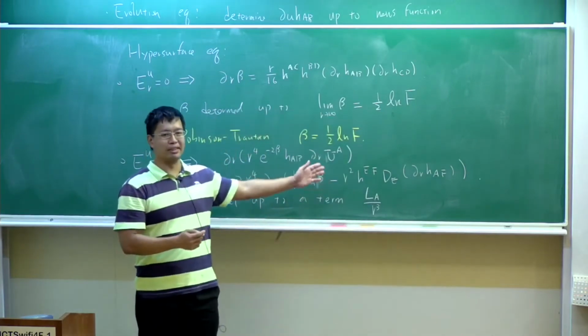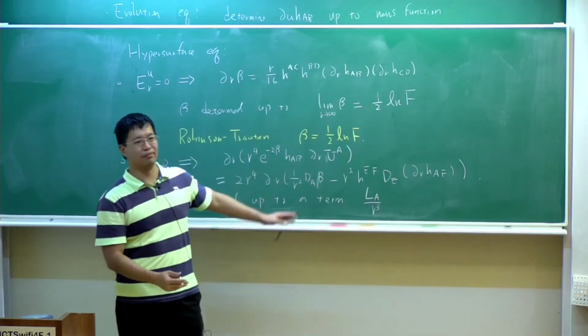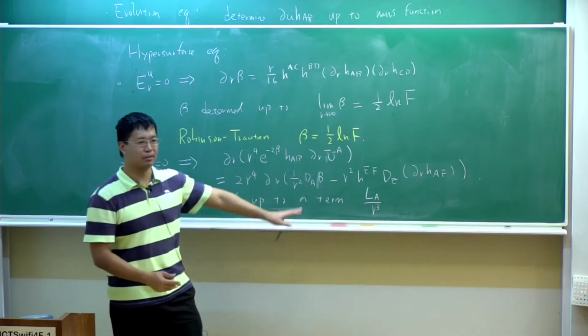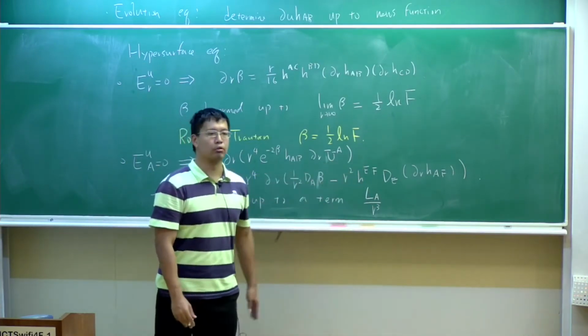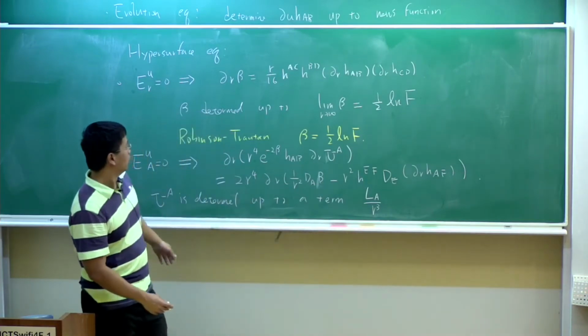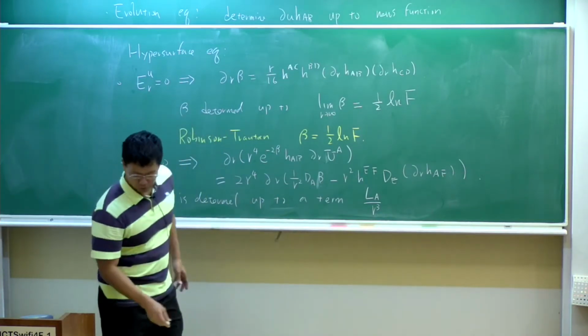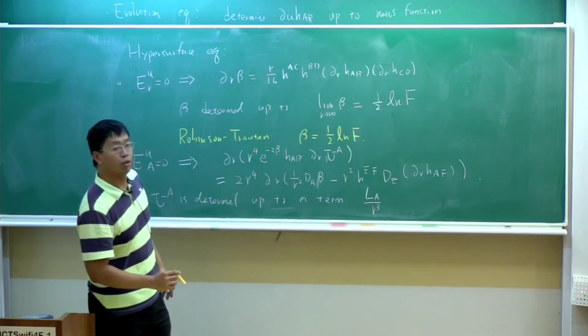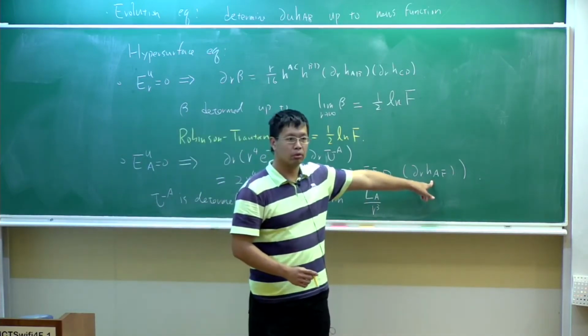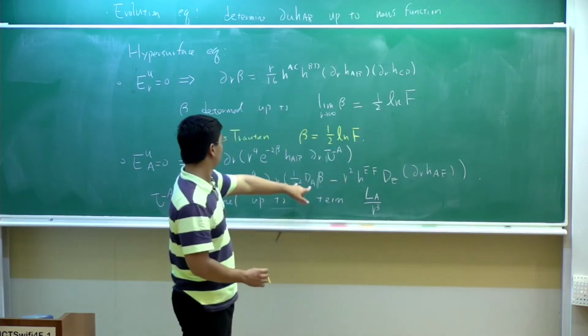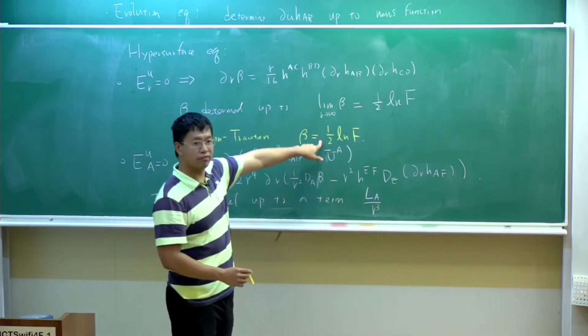L, later on, will be related to angular momentum, although I don't think I will have time to go into that, but that's why it's labeled in this way. Eventually, this will be related to angular momentum. Okay? And again, for Robinson-Trautman, this part is 0, and beta is just this function.